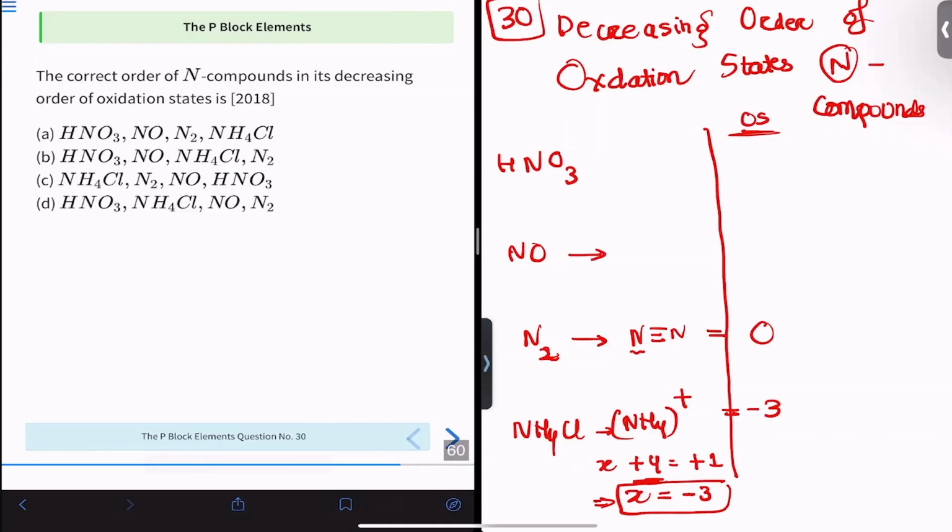Then in the compound NO, nitrogen is bonded like this to oxygen. Since oxygen has high electronegativity, oxygen will pull all the electrons towards itself, so nitrogen will get a positive charge of +2.